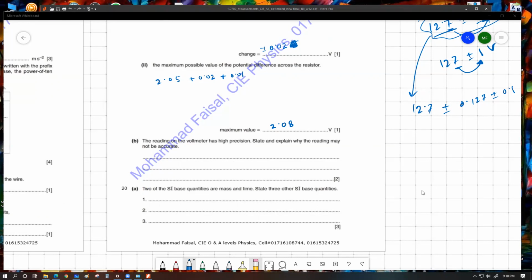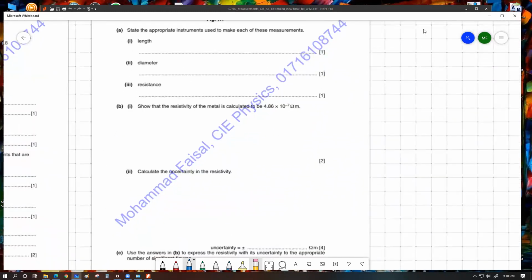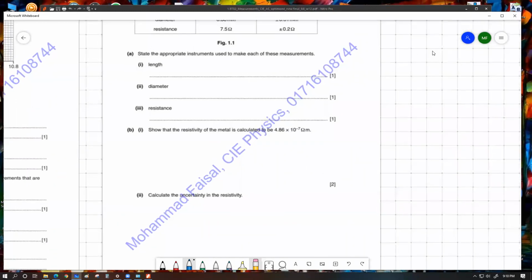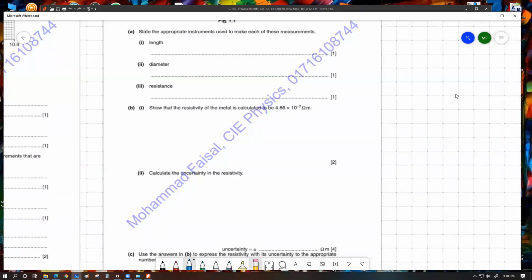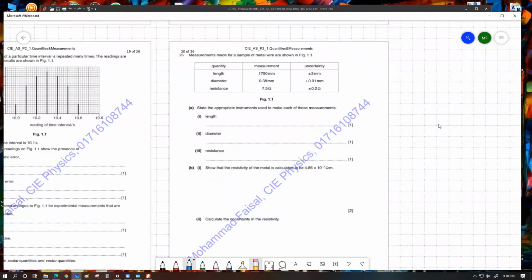Sir, question number 26B. বিতে কে বলছে? আচ্ছা দেখি আমরা। Measurements made for a sample of metal wire are shown in figure 1.1. আচ্ছা এইখানে তো তোমাদের resistivity equation দেওয়া নাই। Resistivity equation তোমরা electricity chapter-এ গিয়ে শিখবা। সো you have to use the equation from your base knowledge of the resistivity chapter or electricity chapter.